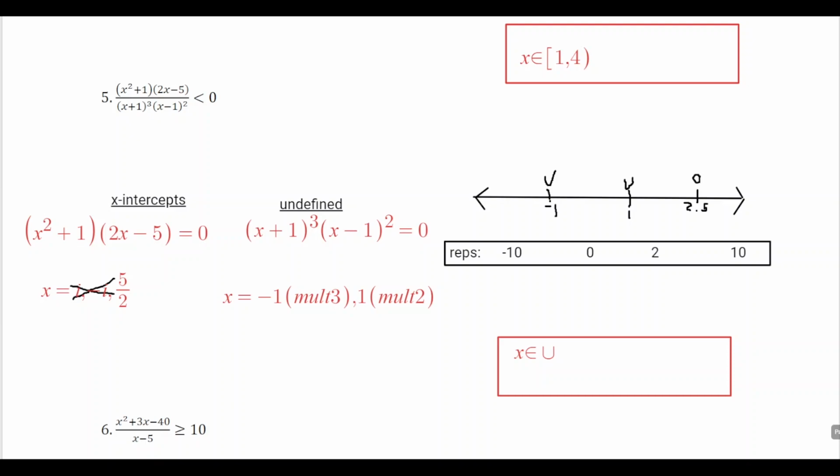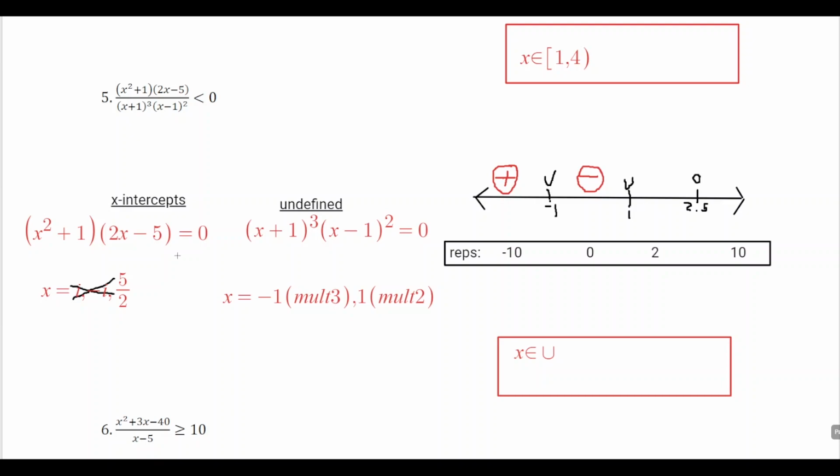So if I plug in -10, I'm going to get a negative divided by a negative, which will be positive. If I plug in 0, I'm going to get a negative divided by a positive, so it's going to be negative. I've got that multiplicity of 2 here. My theory is that we are not going to change signs at this even multiplicity, so let's see if that happens.